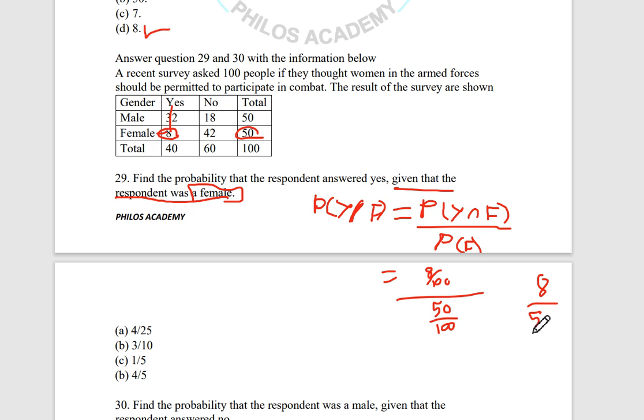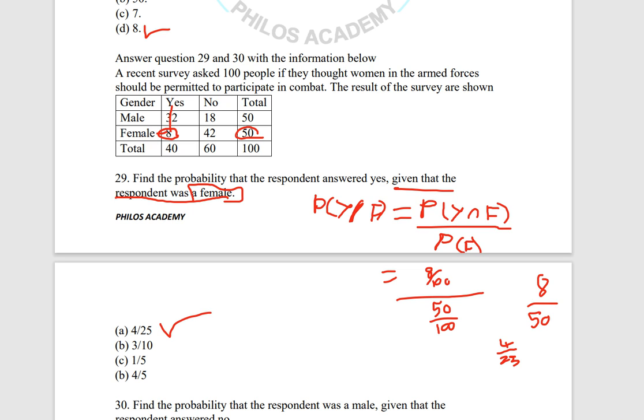Please use your calculator. And can you simplify this further? Yes. 2 can go into 8 4 times, and into 50 25 times. So the answer is 4 over 25. So the correct answer for this is A, 4 divided by 25.